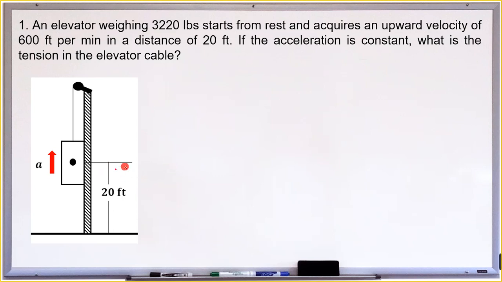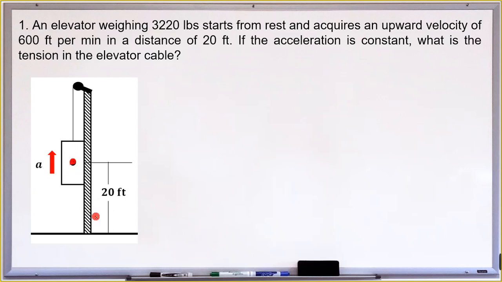Our object here is the elevator. Since all the parts of the elevator have the same velocity as it travels, it can be considered as a particle situated at its center of gravity, marked by this dot.